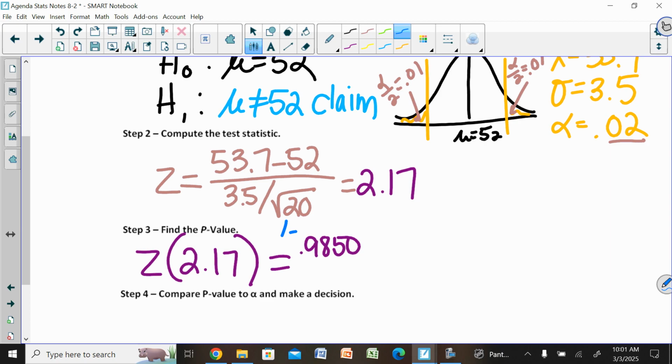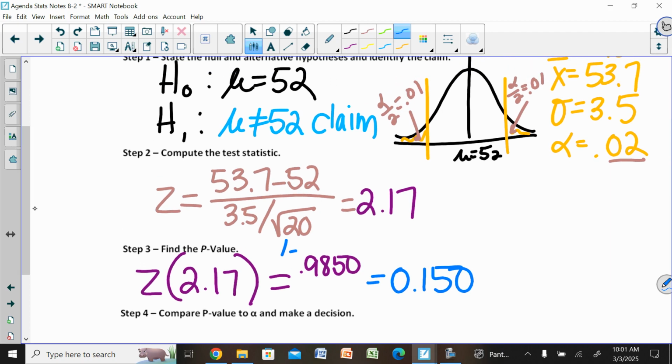It just doesn't even make sense, right? So when I subtract that, I end up with a 0.0150, I believe. So my p-value for either end, that's the thing about the alpha, we split that, but the p-value for either end is 0.0150. It just happens to fall on the right-hand side.